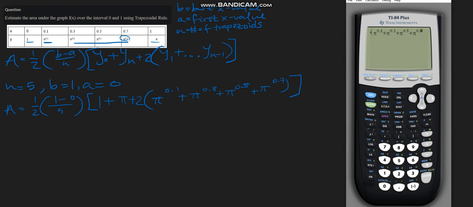Keep missing that decimal. There we go. And then plus, don't forget the pi. I left the pi all the way at the end, just so it's a bit clearer for myself.